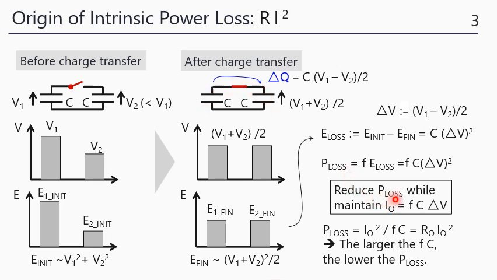This is the same as the output current under the steady state condition. And the P loss here can be expressed by this, using IO instead of delta V, by inputting delta V into P loss here.